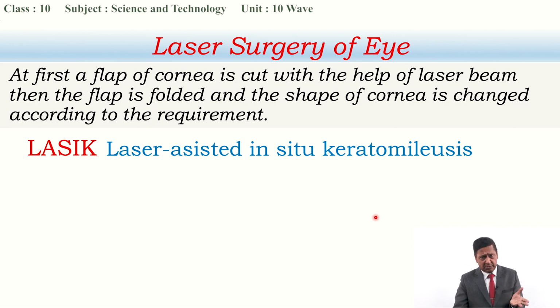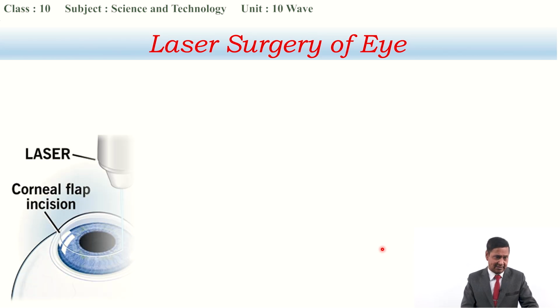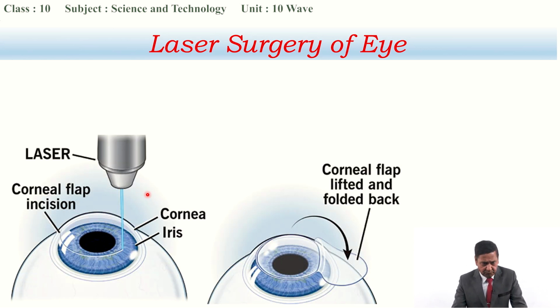This is the name of the process. But the laser surgery can be easily understood with the help of this diagram. Look at this, how it is done, laser surgery. At first, this laser is used to cut a part of the cornea, a little, not a lot.